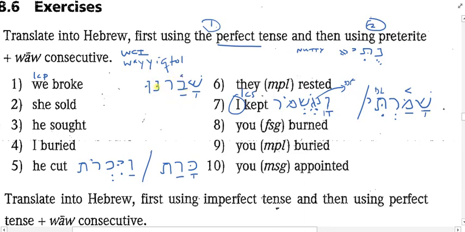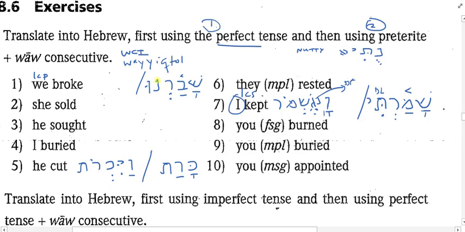Shavar nu, because it's not vocalic, so it doesn't pull the stress to the end. Will the resh continue to close the syllable here with bet? Does the resh close the syllable, or is the resh opening a new syllable? It's still closing the syllable. And so what am I going to put under the resh to indicate that resh is still closing the syllable? A silent shava, exactly. So shavar nu. So we broke.